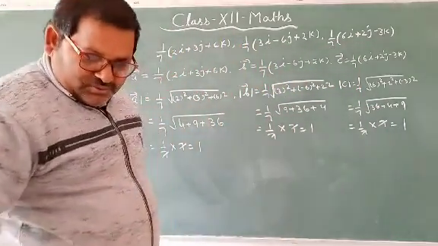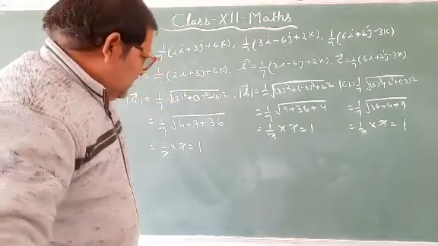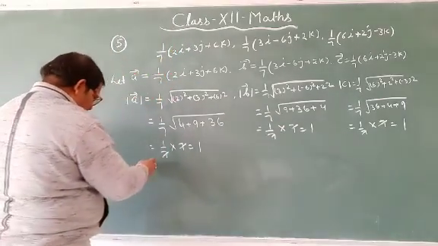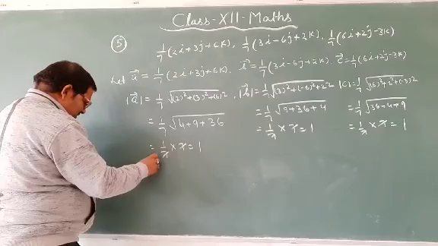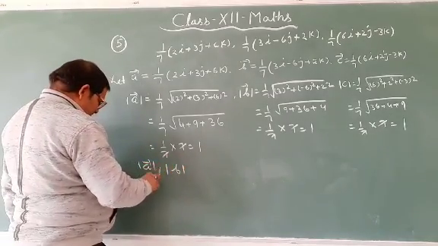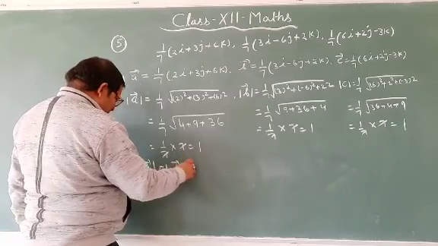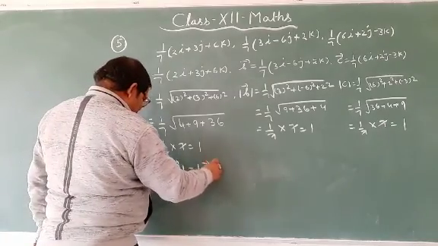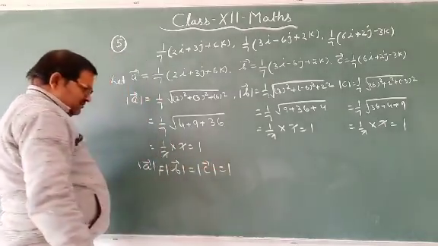So the modulus of vector A equals modulus of vector B equals modulus of vector C equals 1.